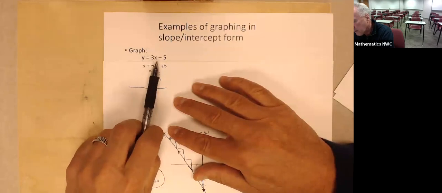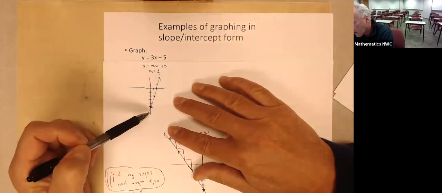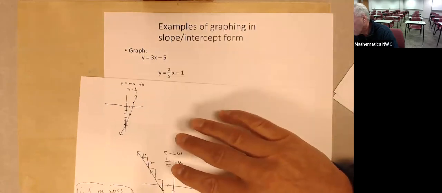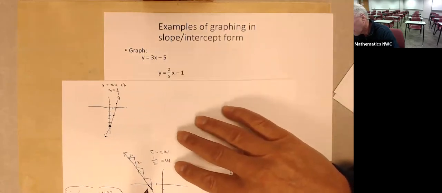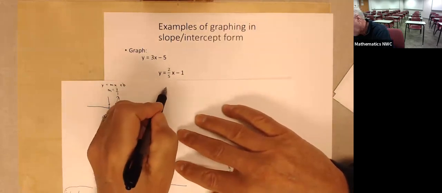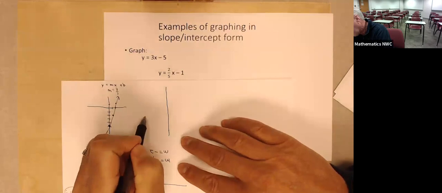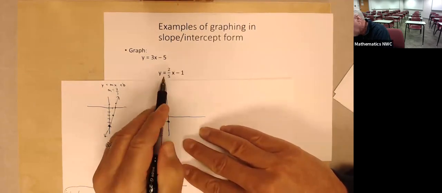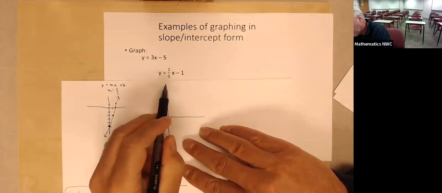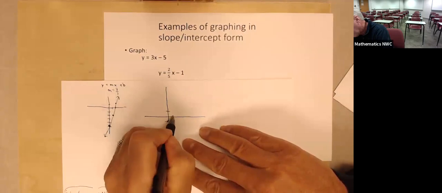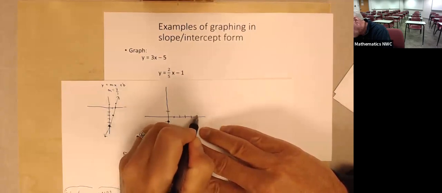When it's in the slope-intercept form, graphing the line really becomes very, very easy, and you can usually do it pretty fast. For example, I'll do this one a little bit faster. I first locate the y-intercept, -1. My slope is a positive 2/5, which means I have to go up 1, 2, and I need to go over 5.